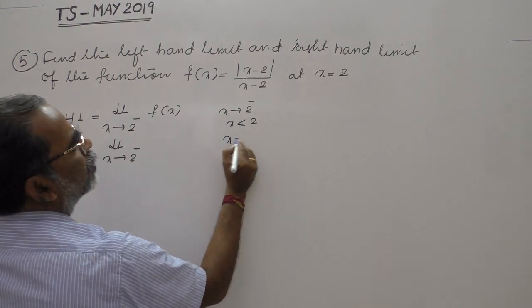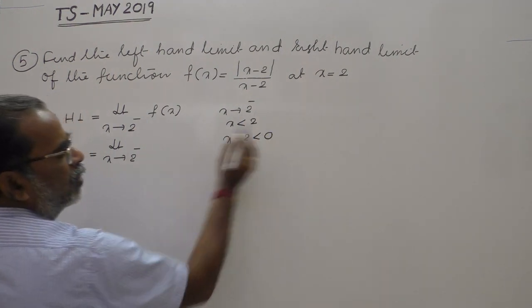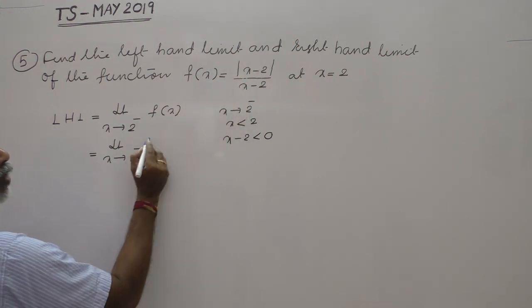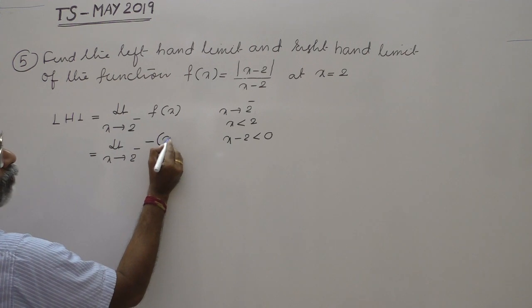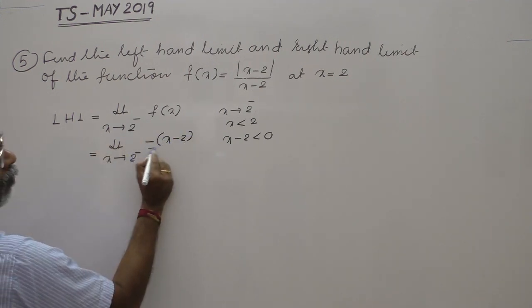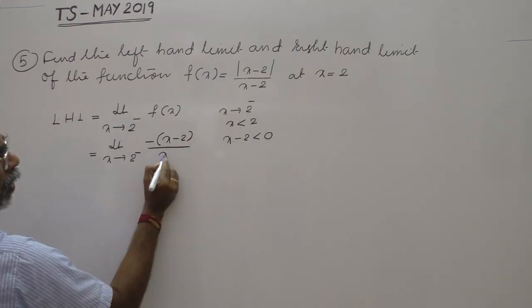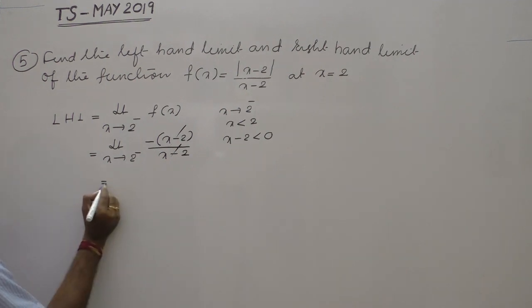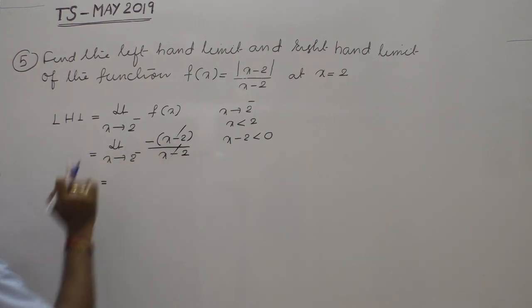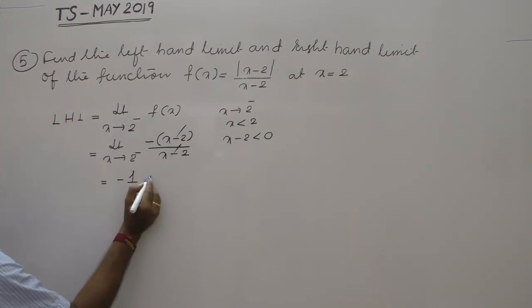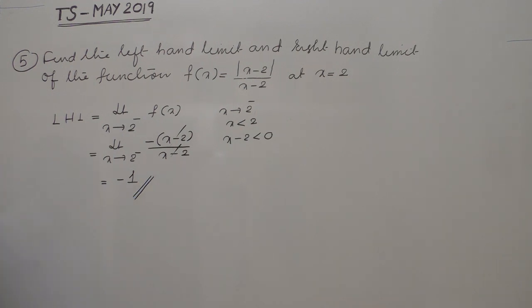So x − 2 will be less than 0. Since x − 2 is less than 0, mod(x − 2) will be minus of (x − 2), divided by, in the denominator, x − 2. I can cut x − 2 and x − 2. Now we have only −1, which is a constant number. Limit of a constant number is that number itself. Therefore this is the left hand limit.